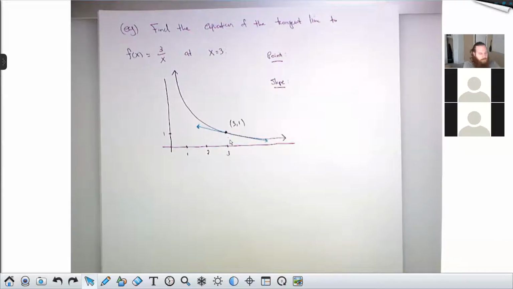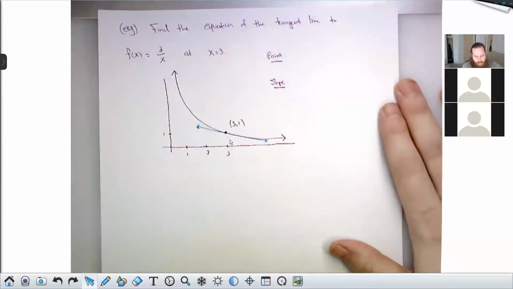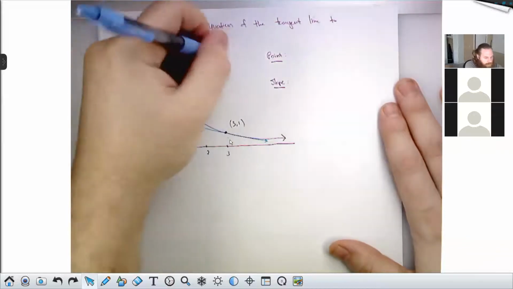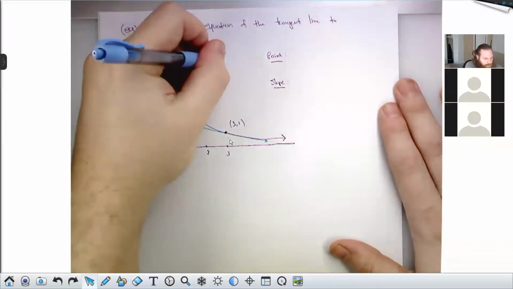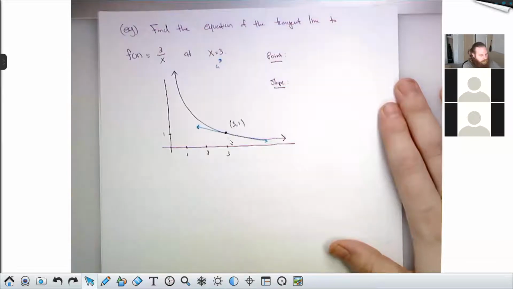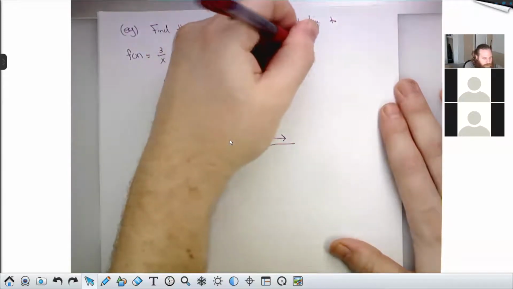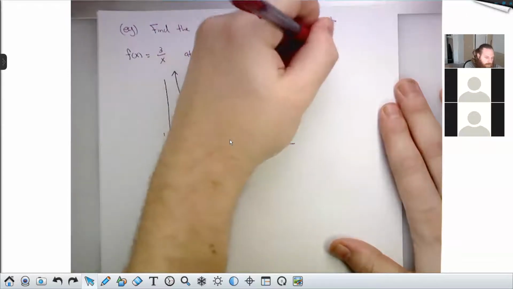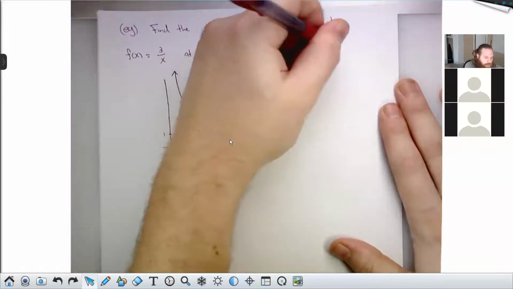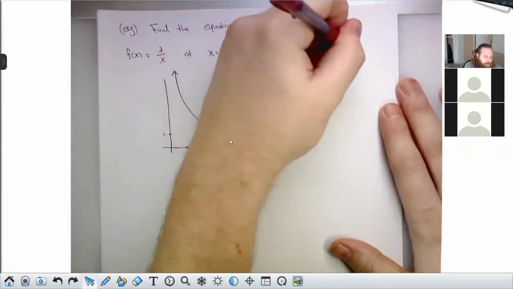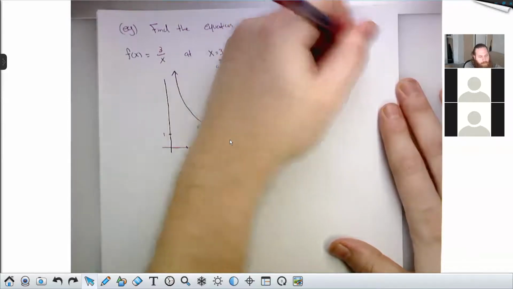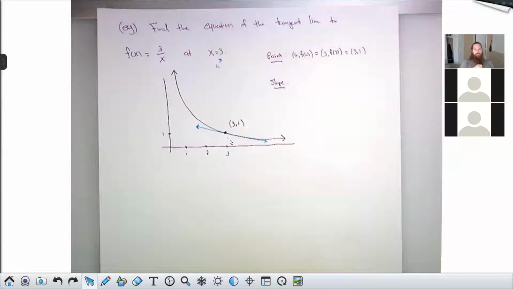And that's always of the form a comma f of a. So here a is 3. My point is always a comma f of a, which here is 3 comma f of 3, and f of 3 is 1. So this is the point 3 comma 1.